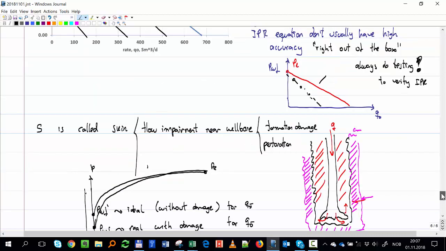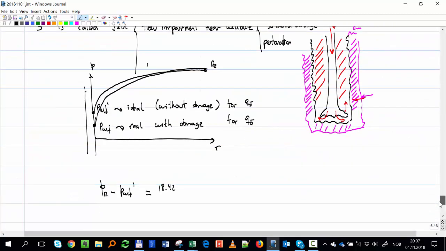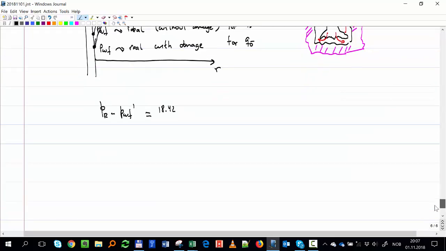What was the expression again? B mu divided by KH times ln RE over RW, and I have to have QO someplace here, minus 0.75, for example.